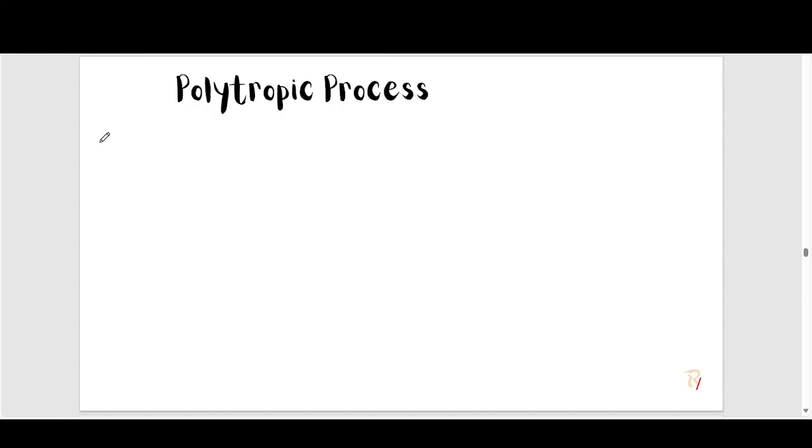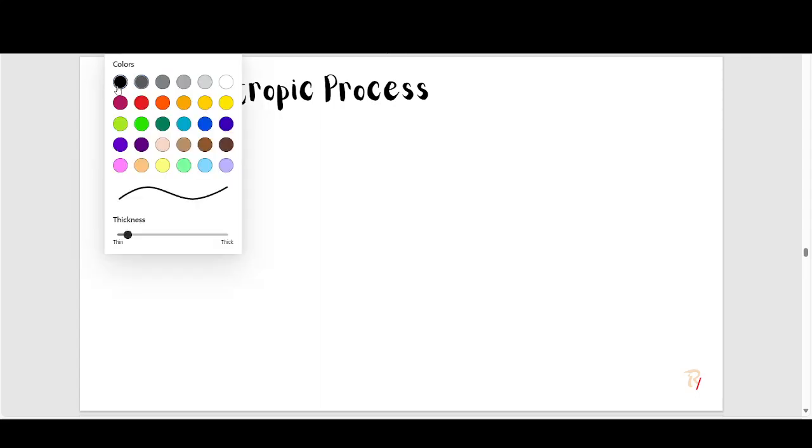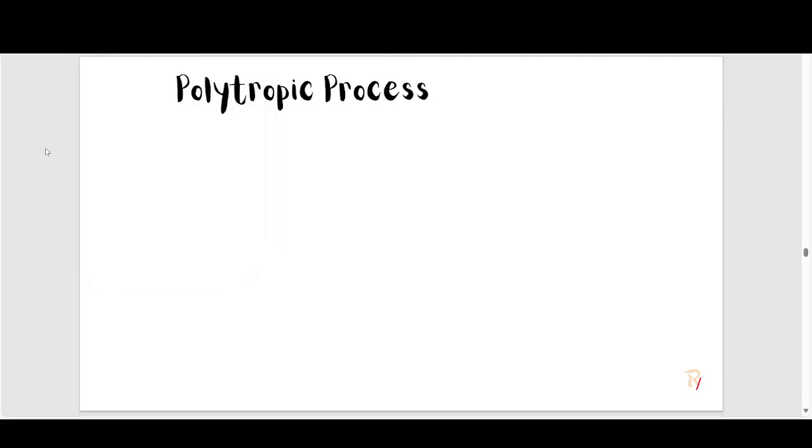Okay, coming back to the last one, polytropic process. Polytropic process is nothing but PV to the power of n gives us a constant value. Therefore, let me derive this through n. Let me give a color to this polytropic. This was a very interesting process.